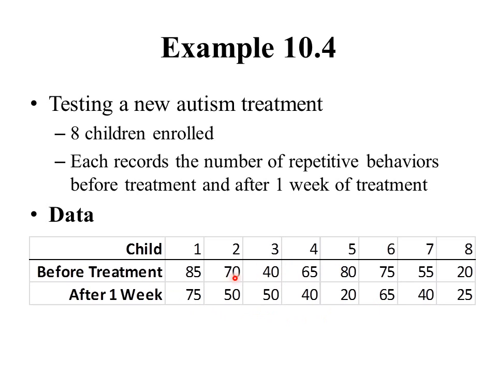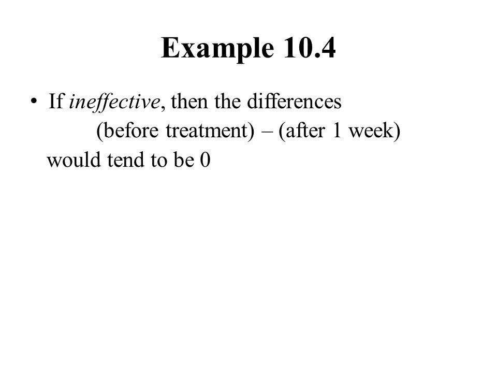Looking at the data, it looks like for most children they had more repetitive behaviors before treatment than they did after treatment. There's one exception here, but it looks like the treatment is effective. Okay. Let's look at how we could test this claim using the sign test. Let's make a couple of observations here. If the treatment is ineffective, then the differences, if we take the number of repetitive behaviors before treatment minus after 1 week, would tend to be 0.